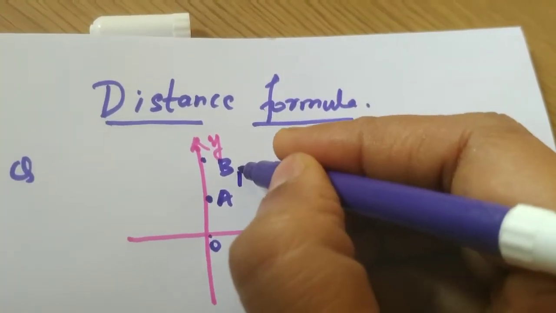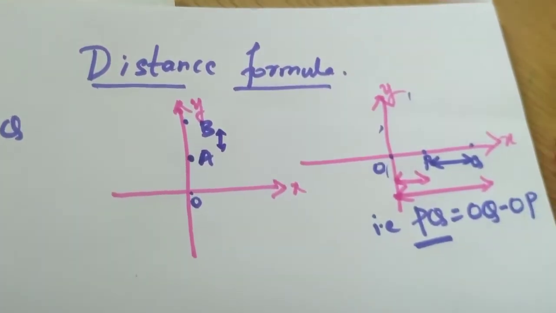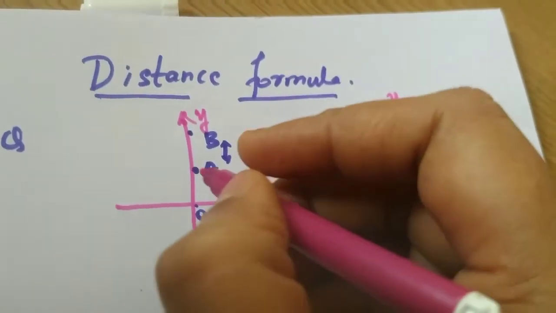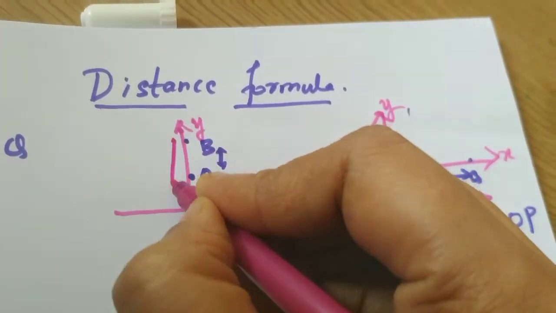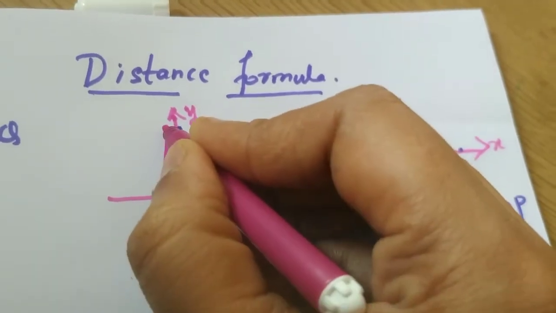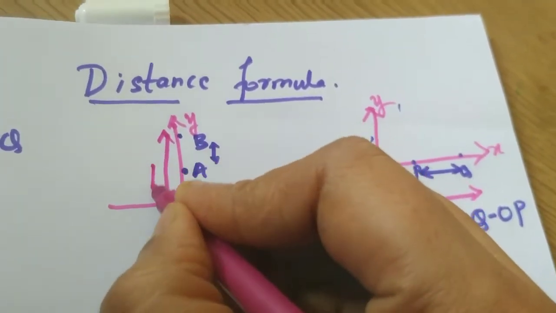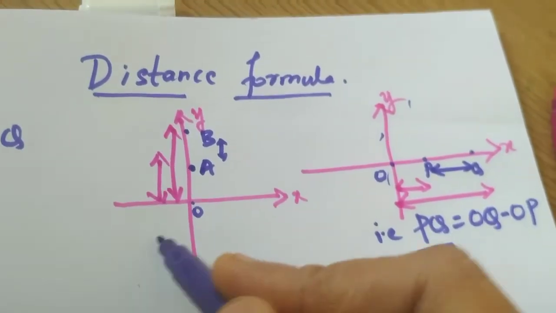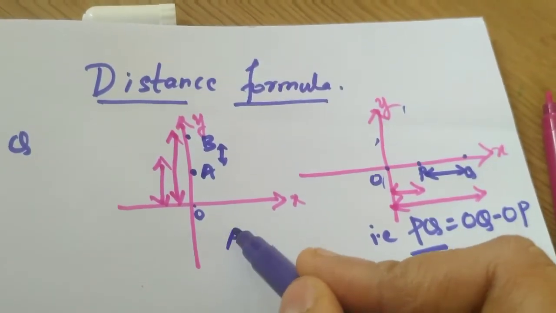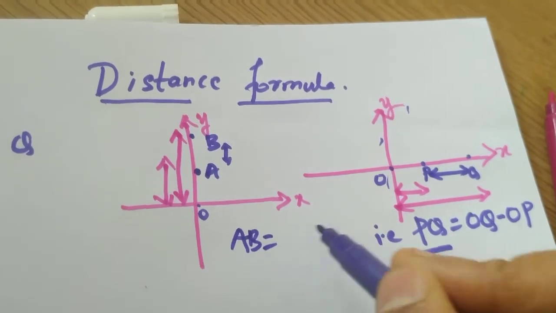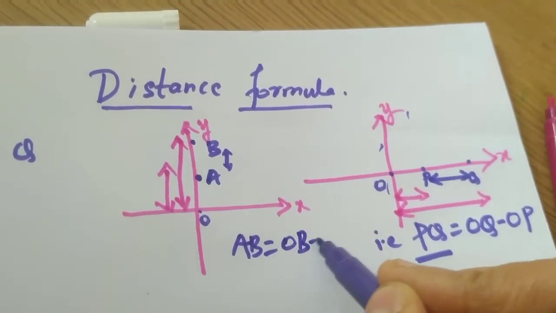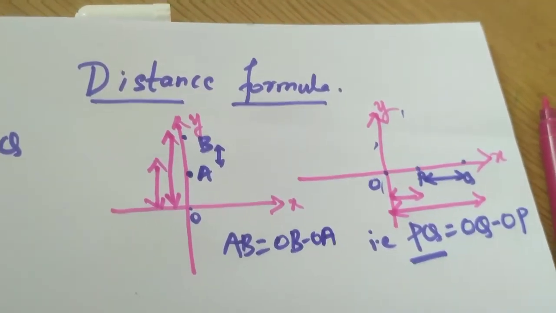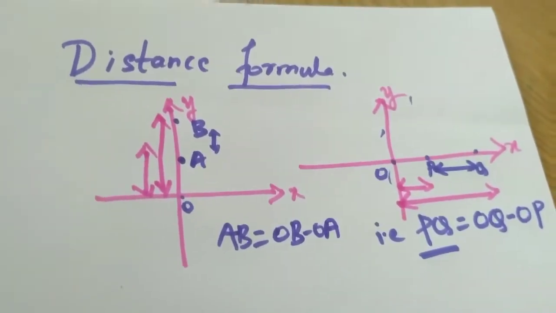So to find its distance without actually measuring, I have to take the longest length minus the shortest one. That is, the distance AB will be equal to OB minus OE. This is another case.